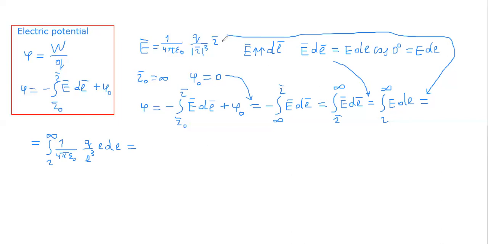We have changed R to L because here the variable is signed by L. So I can take q divided by 4 pi epsilon 0 outside the integral from R to infinity, dl divided by L in second order.